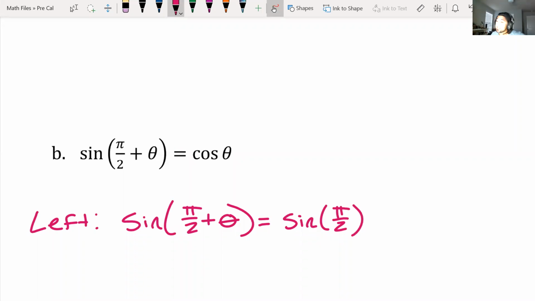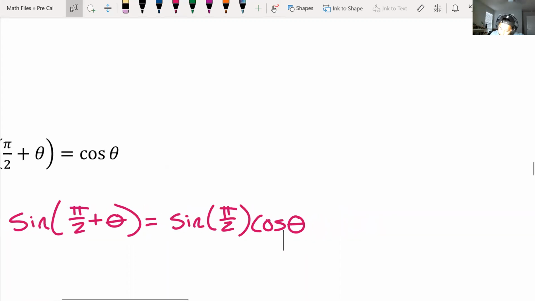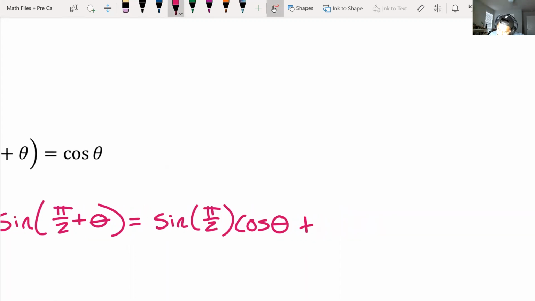All right, so we're going to do the sum formula for this one. And you get sine of pi over 2 times cosine theta, and here you get cosine of pi over 2 times sine theta.